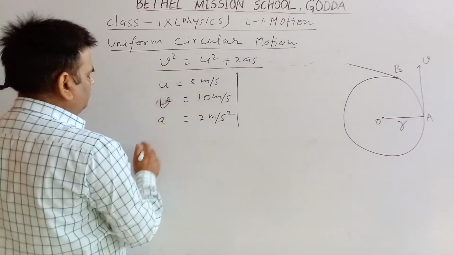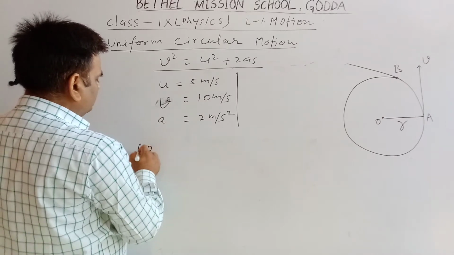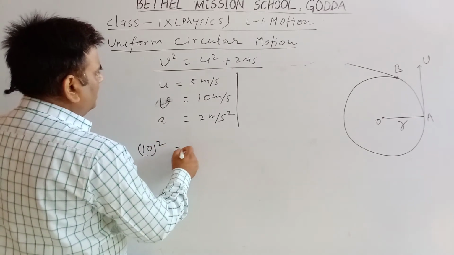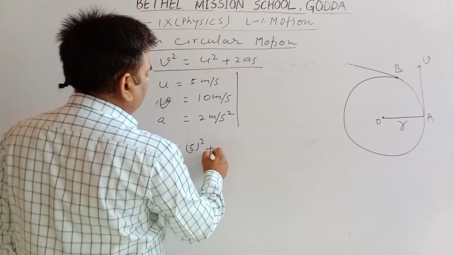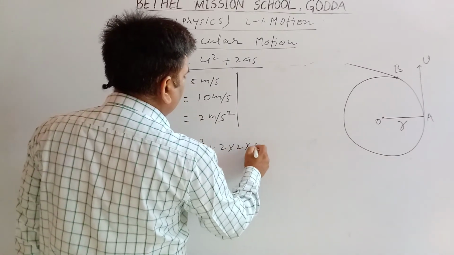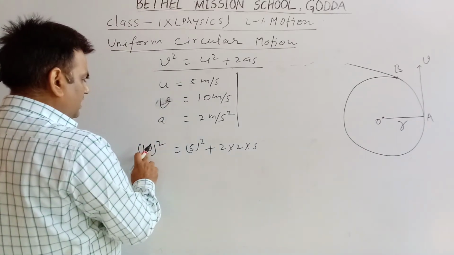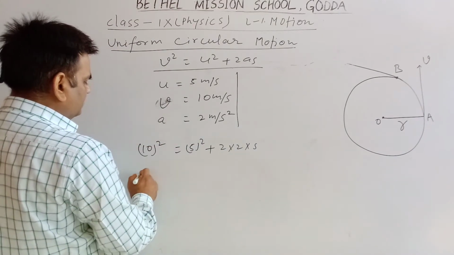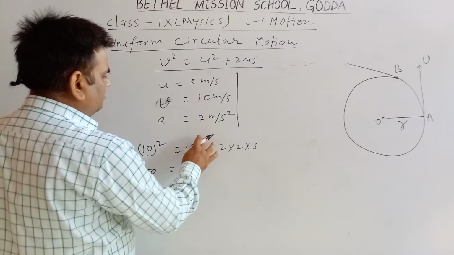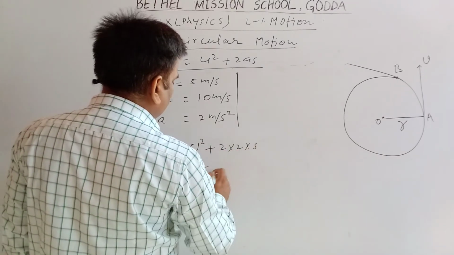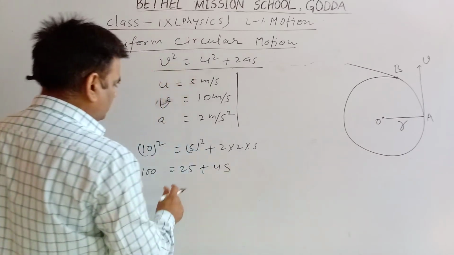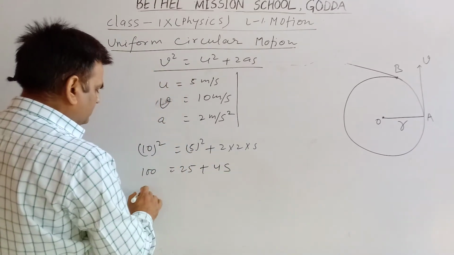In place of v, we will write 10. u square means 5 square, plus 2 into 2 into s. 10 square means 100, 5 square means 25, plus 2 into 2 is 4, into s, 4s. So this 25 will come to this side.